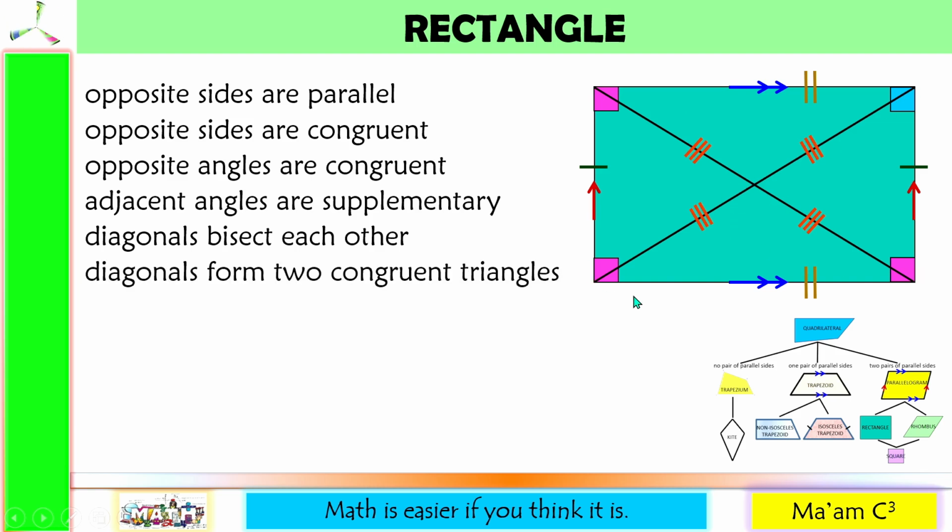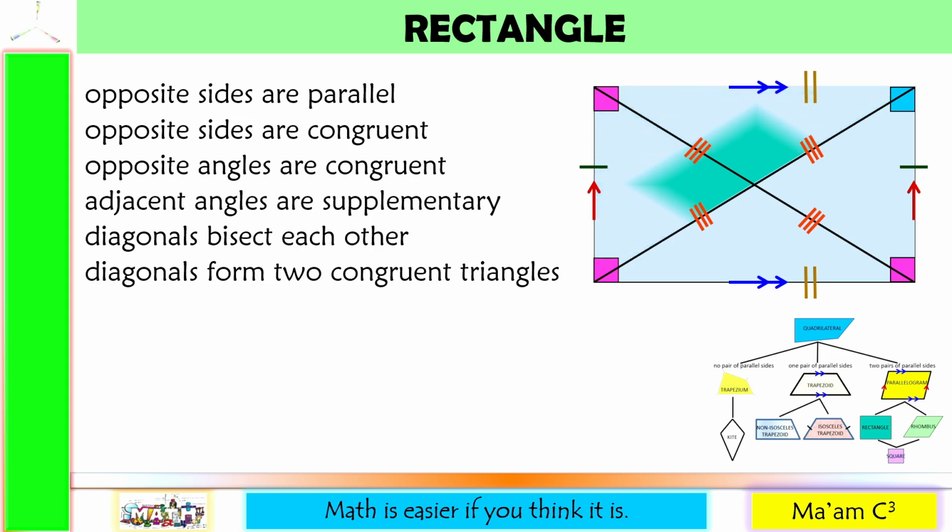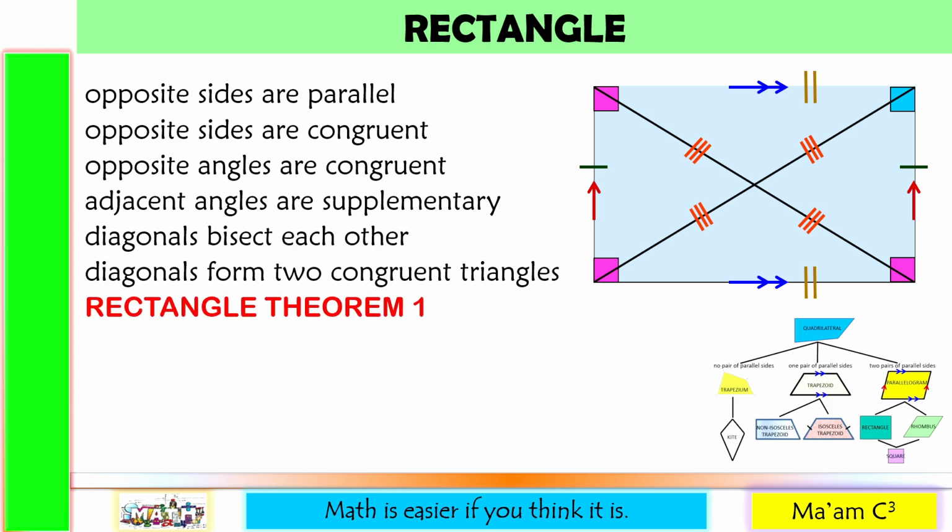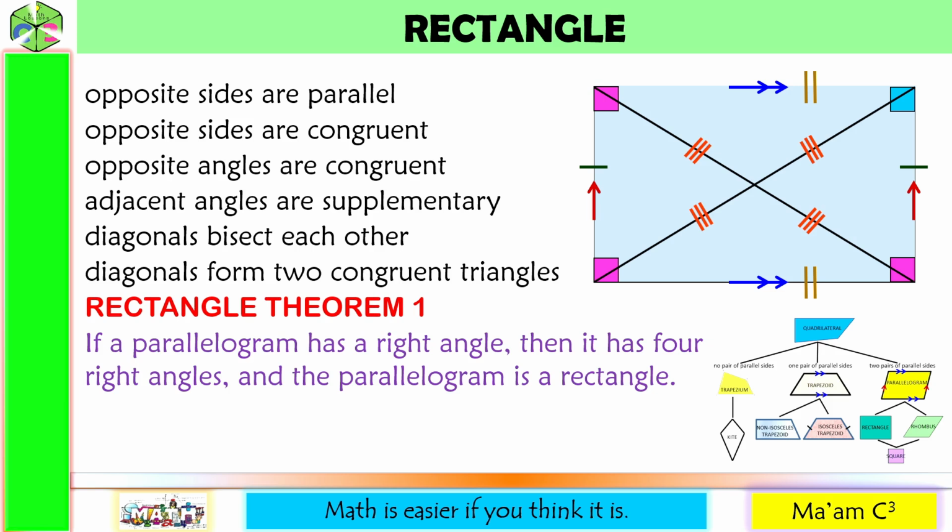And finally, diagonals form two congruent triangles. So for instance, this diagonal here forms a triangle and it is congruent with this triangle. Same thing applies if this is the diagonal. This triangle is congruent with this triangle. Now, for the theorems, rectangle theorem 1 states that if a parallelogram has a right angle, then it has four right angles, and the parallelogram is a rectangle.